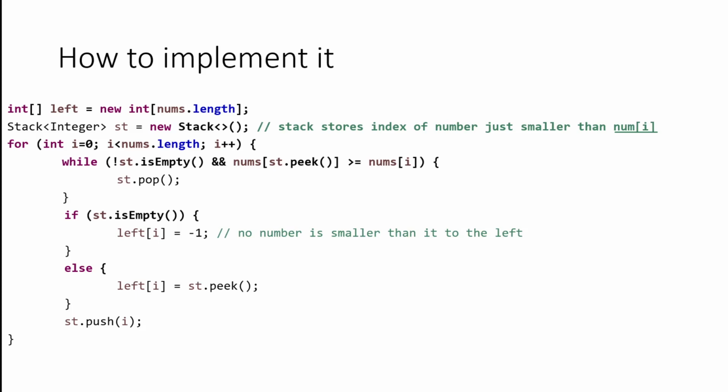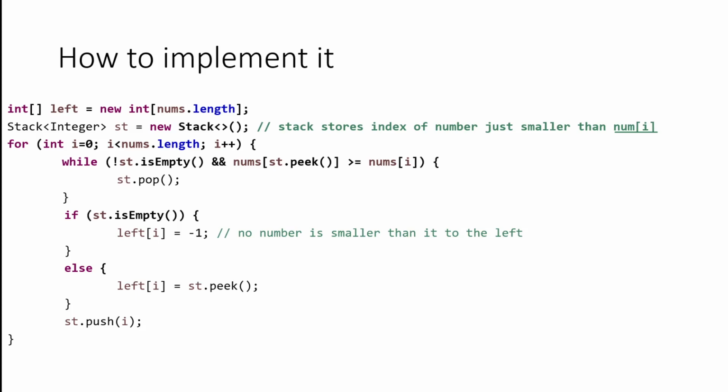So I know, hey, this index is a candidate for a number that could be smaller than the number at this current index. So now, of course, when we move into index 1, we'll know, hey, index 0 is a candidate. And so then we might find ourselves going to the while loop.